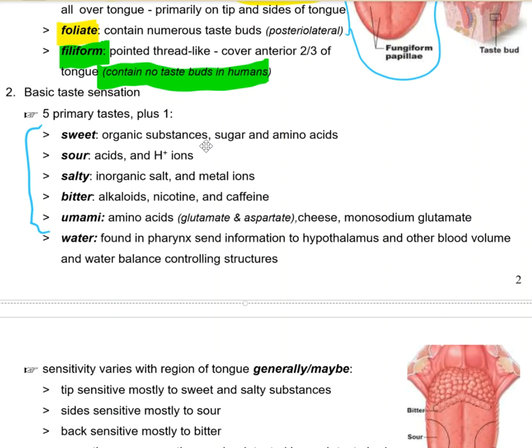And then we have umami. Now, umami is amino acids, but specific ones like glutamic acid and aspartic acid, or glutamate and aspartate. And these are found in a lot of very rich, meaty type things.